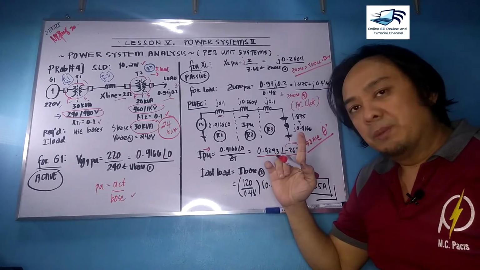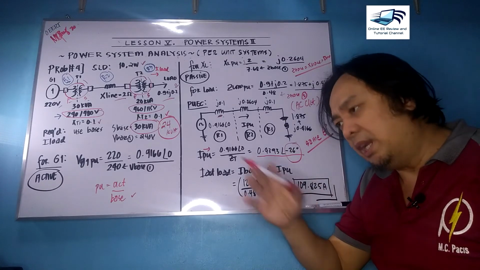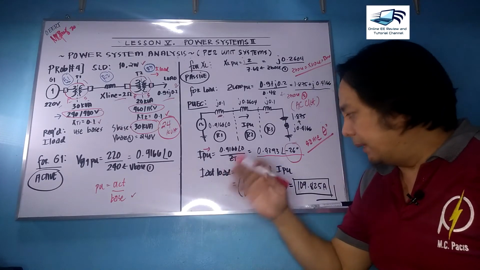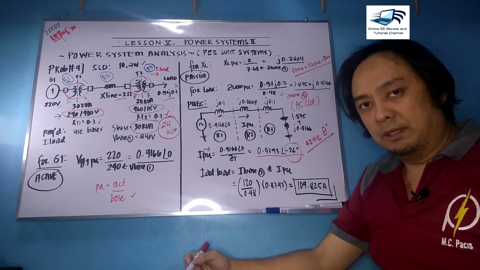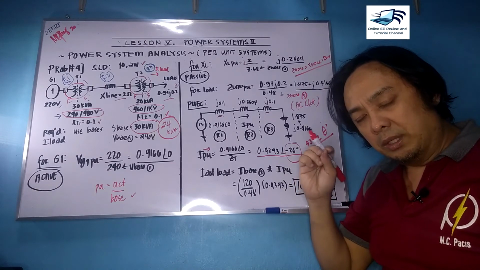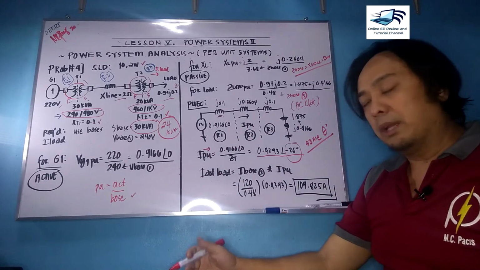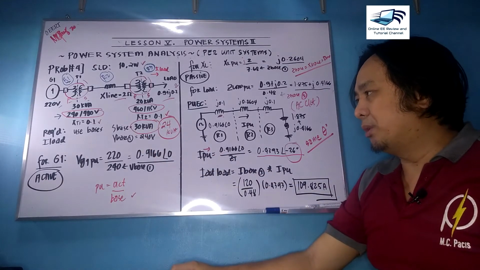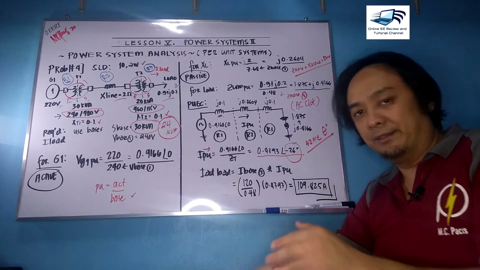Simply because in per unit analysis, we only change the magnitude. We scale the magnitude to per unit. But the angles, as you can see in the process, did not change at all. So that is one thing you can check to see if your computations are correct. Just change your S base to your favorite number. And that's why it is called per unit.